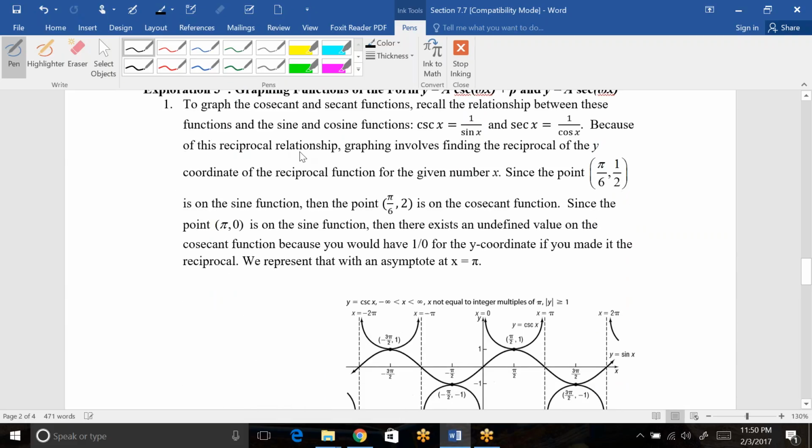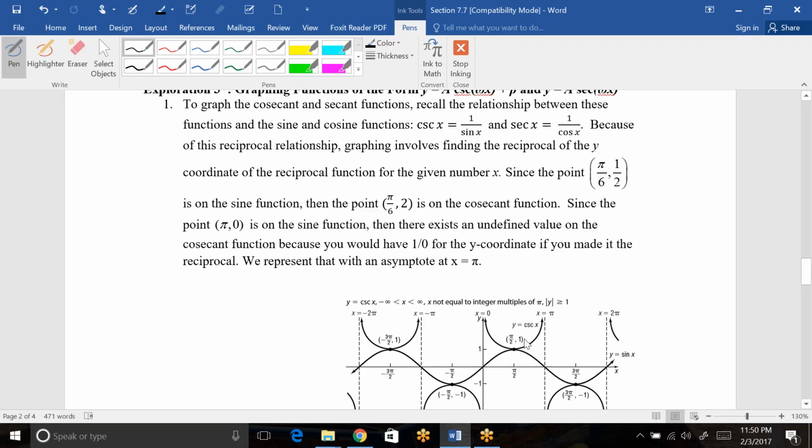And then like I said, I didn't want to graph each one of these because it'll make the videos really long. But to graph cosecant and secant, you have to remember that they're reciprocals. Cosecant is 1 over sine, secant is 1 over cosine. Every point that was on this sine wave here, when you look at cosecant, you take whatever this point is and you make the y value the reciprocal, because sine is related to y.